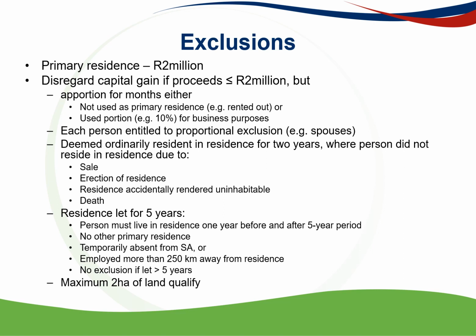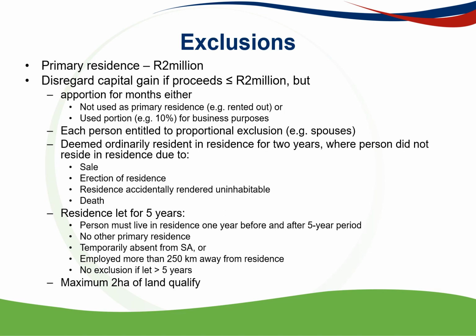No other primary residence must have been owned by the taxpayer, and the taxpayer must also be temporarily absent from South Africa or employed more than 250 kilometers away from that primary residence. If all those requirements are met, then the taxpayer would be deemed to have lived in that primary residence for 5 years. But if the period exceeds 5 years, then there is no exclusion whatsoever in relation to that period.